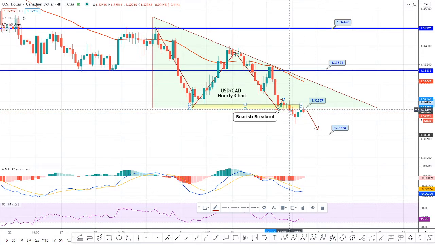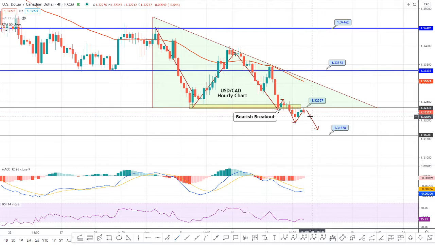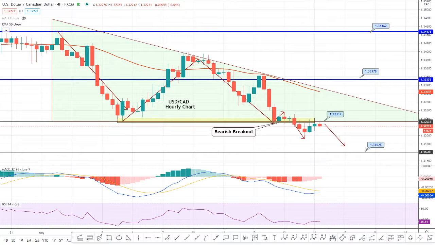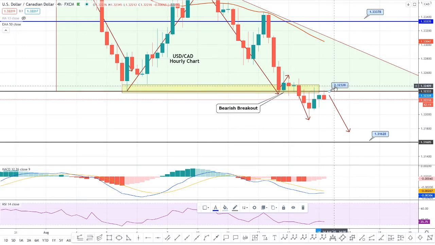For example, the market fell down, and after falling down, the market retraced back up, and after that, as we can see here, if I zoom in, the market is forming candles below this particular level, which means that investors are respecting the support become resistance level, which is 1.3233, and closing of candles below this particular level is pretty much likely to drive us a selling trend in the market. Therefore, we should look for a sell trade.